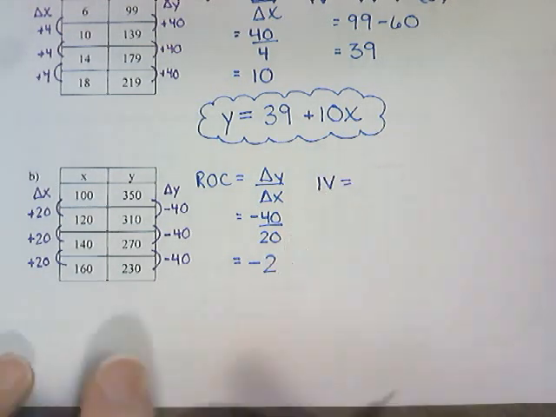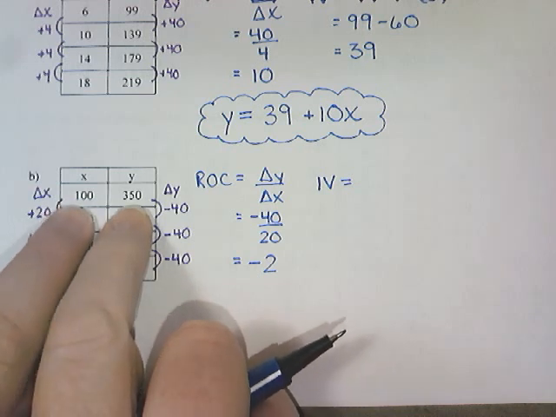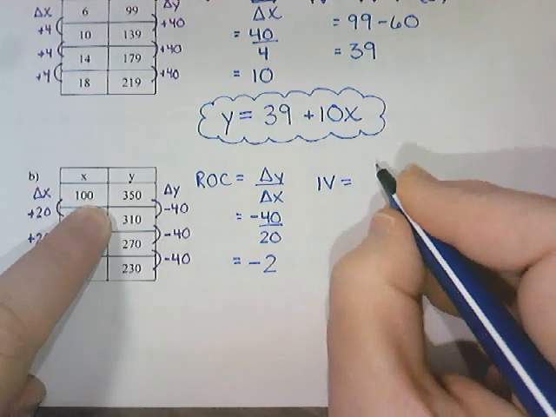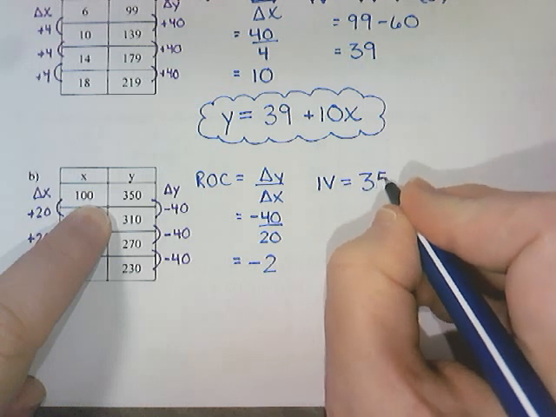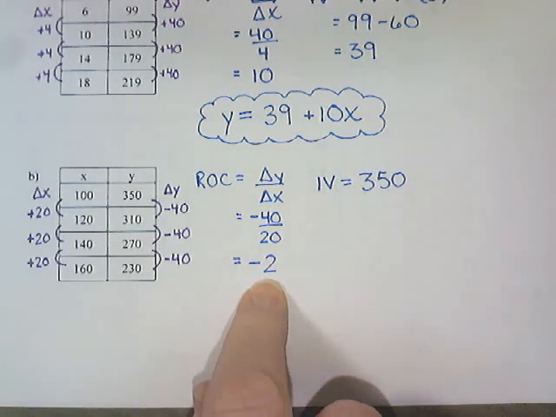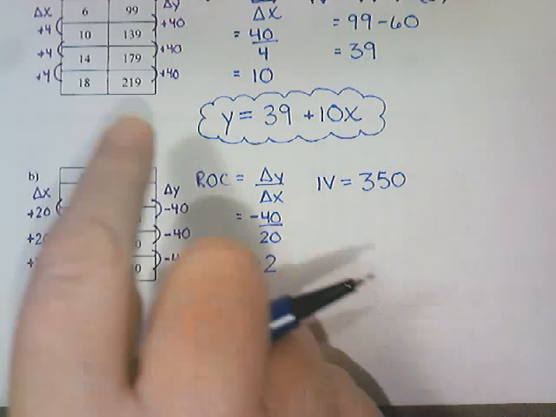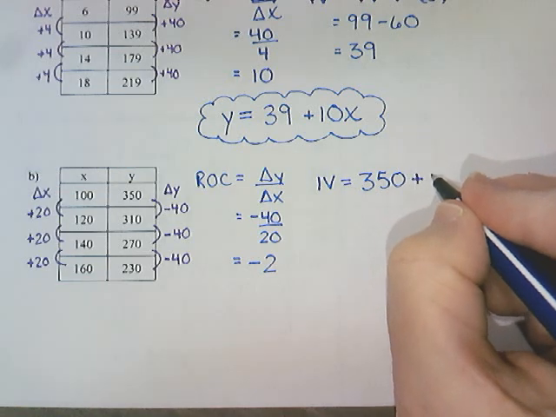We said it wasn't in the table. I want to find the closest I can get, which is here, 100 and 350. So we're going to start at 350. And then the regular rate of change says we are going down 2 every time. So if I want to go backwards, I'm going to have to add 2.